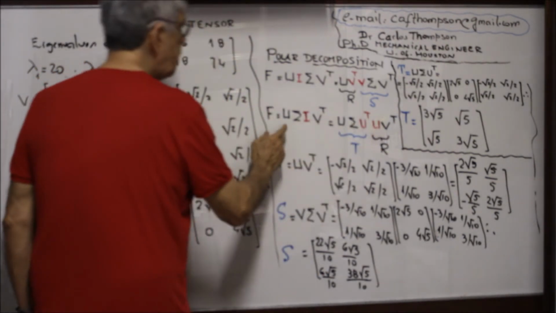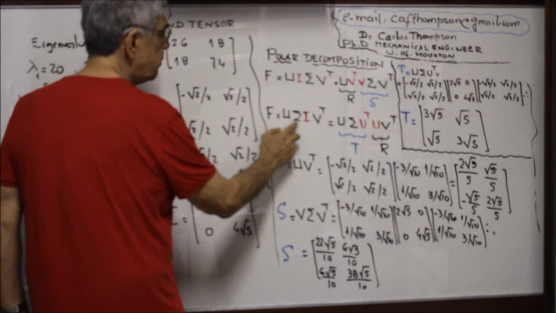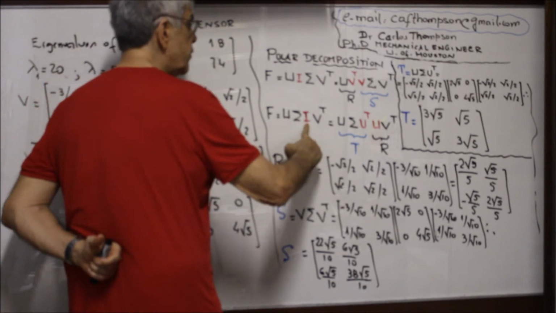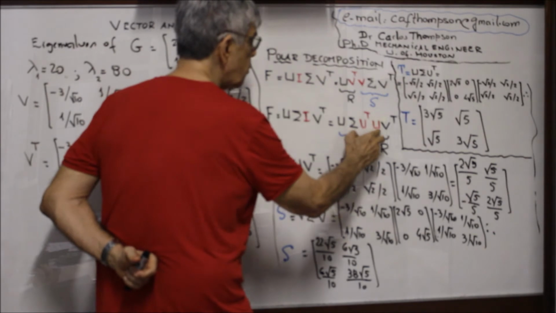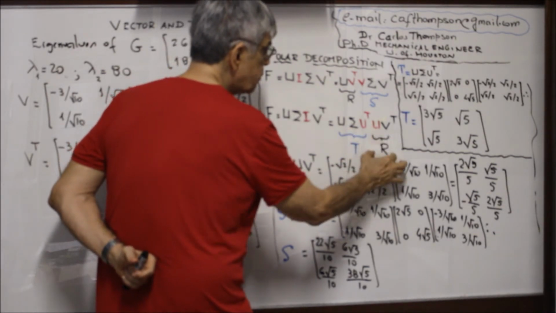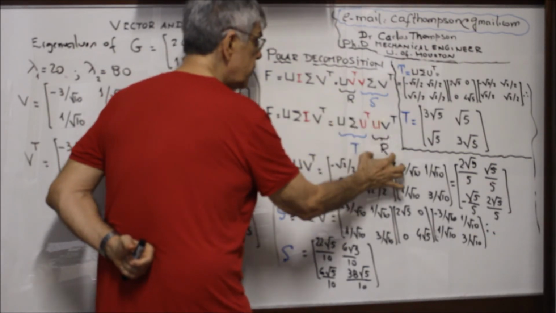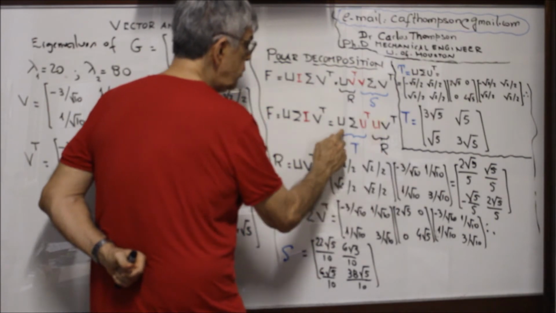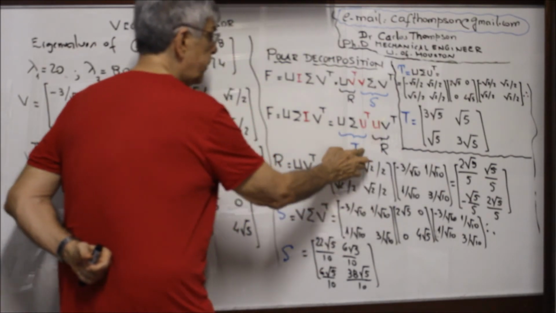Now, F is U sigma. Let's put I over here. So, I is U transpose U. Now, U V transpose is R, the same R, and U sigma U transpose is T.